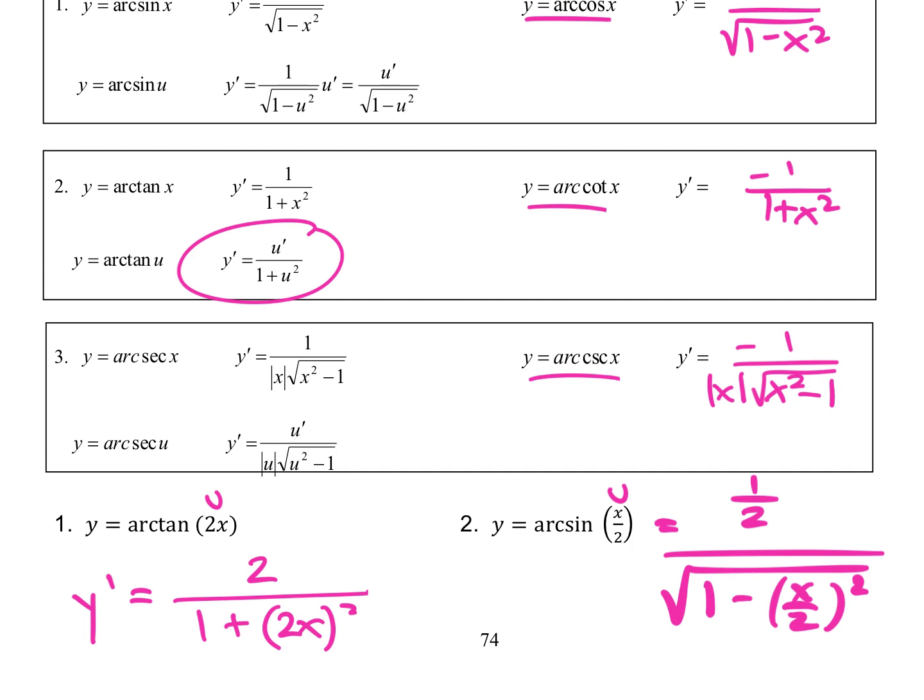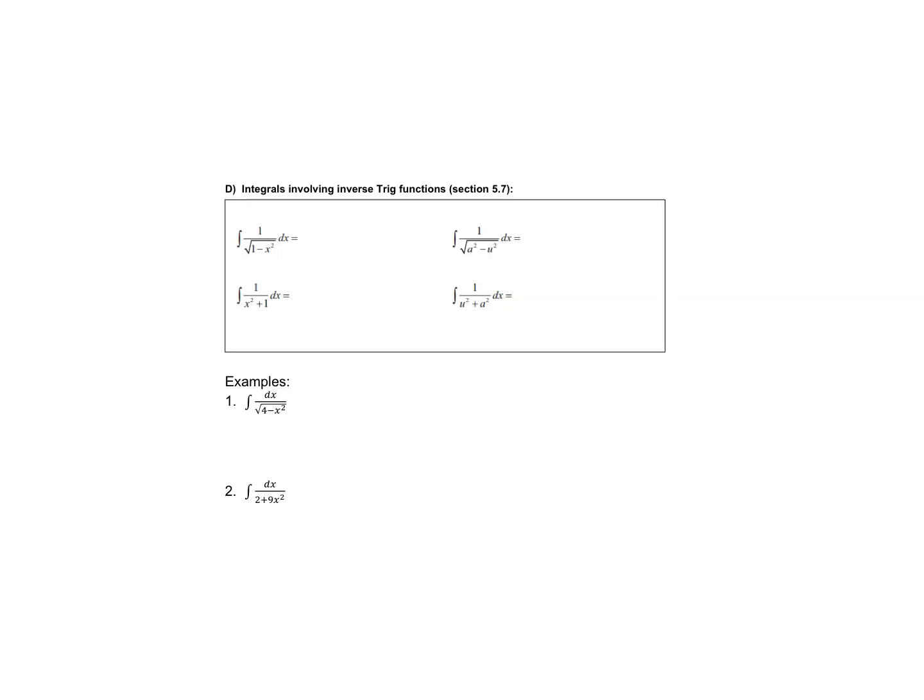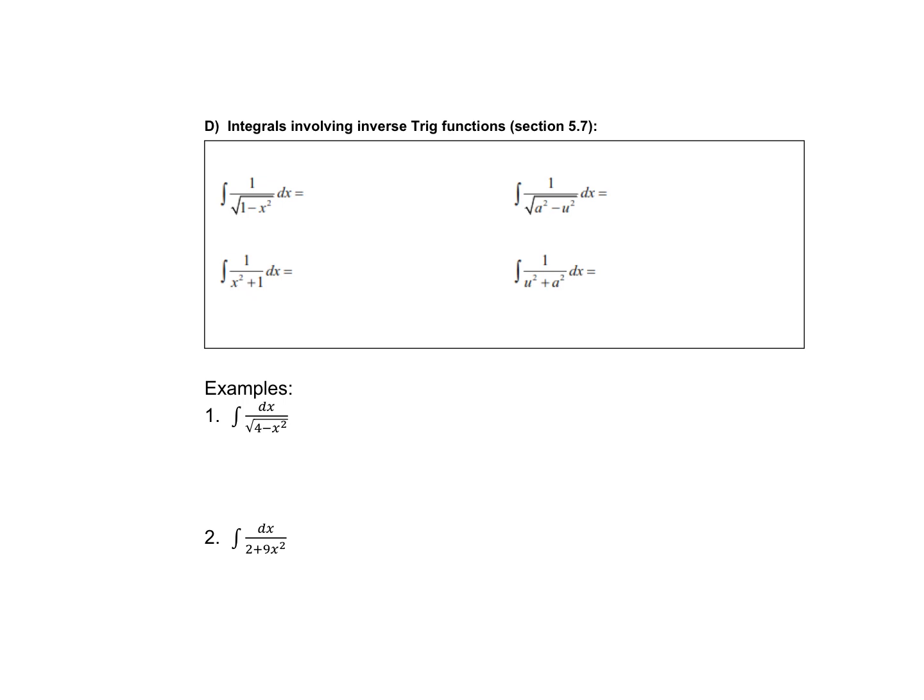So then if we look at the integrals of them, these just go backwards. Your 1 over the square root of 1 minus x squared integrates to arc sine of x. Your 1 over x squared plus 1 integrates to arc tangent. And those same versions but with u's, the first one would be integrating to arc sine of u over a plus c.